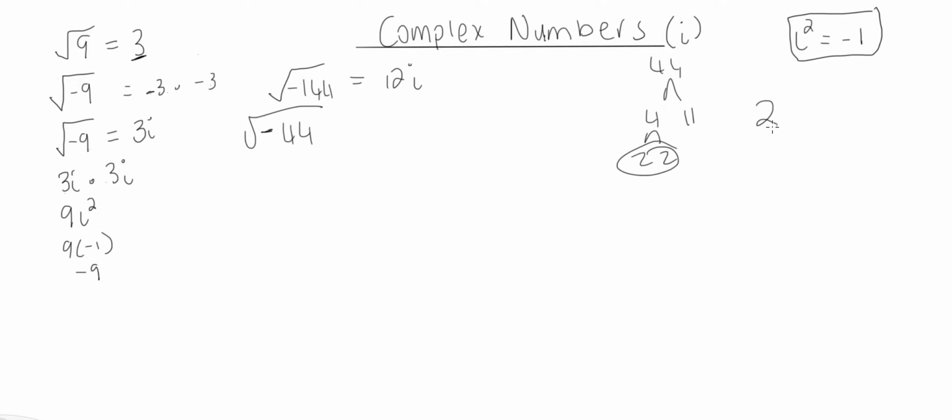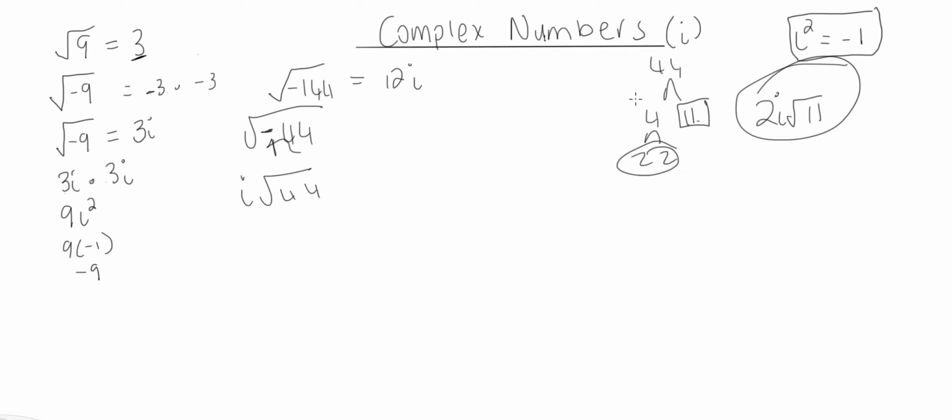If you have a pair, it comes outside, and that number that's left goes back inside. But since it was a negative, the i would come right there next to the 2 outside of the radical. So in other words, you could even say this negative part is an i, and then keep the 44 like that.